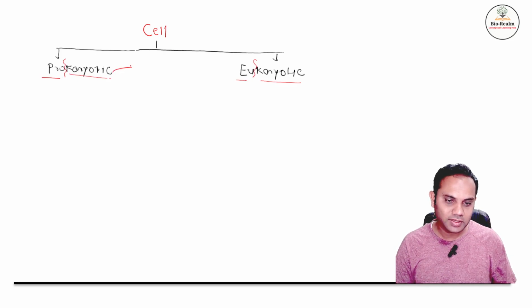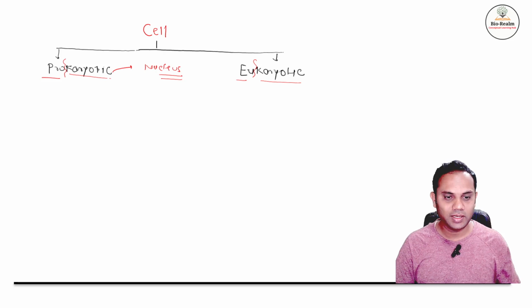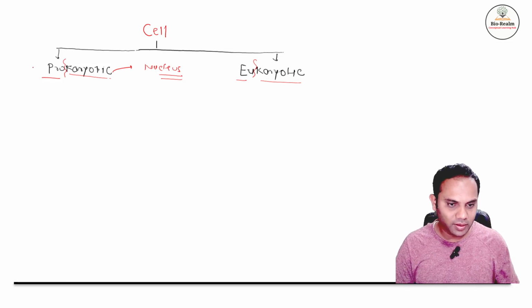Karyon means nucleus. Okay, so what is a prokaryotic cell and what is a eukaryotic cell? In prokaryotic cell, pro means primitive, or directly you can correlate it with the absence.